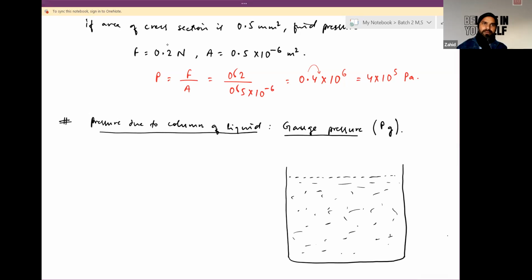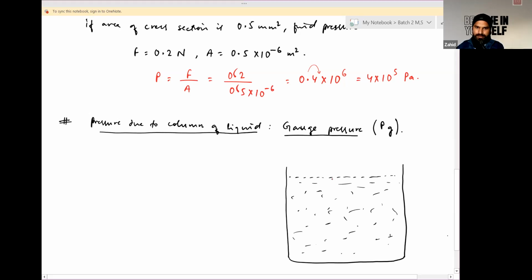Now, in this container, just consider a small cross-sectional part, this cylindrical segment, which has a vertical column, height h, area of cross-section of base A, and density of liquid rho.